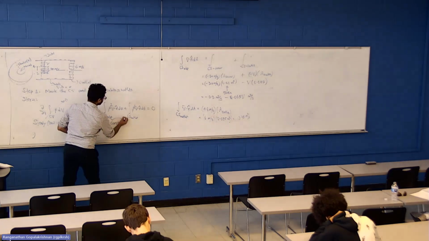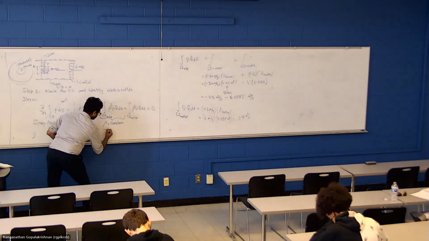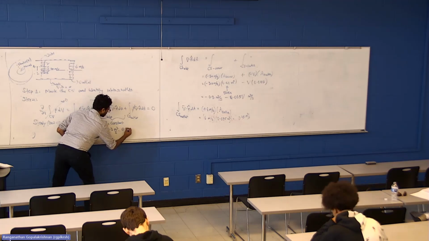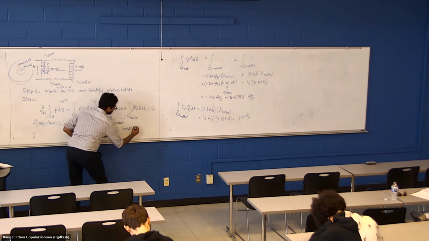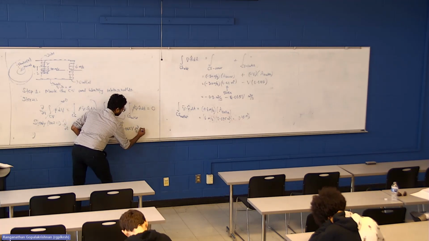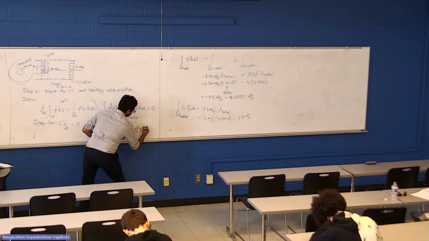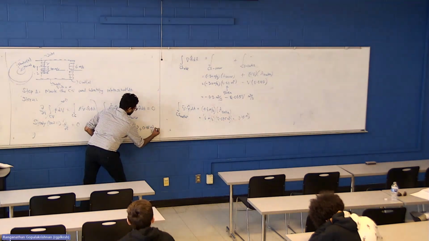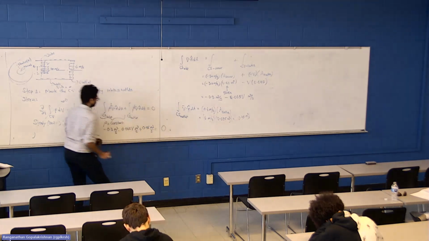So for this expression, I have minus 0.3 meter cube per second minus 0.065 V meter cube per second plus 0.45 meter cube per second equal to 0.